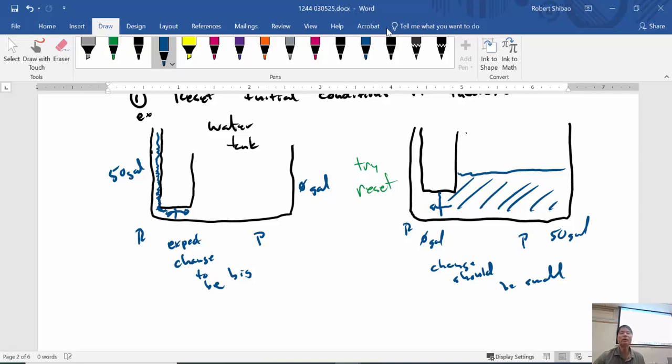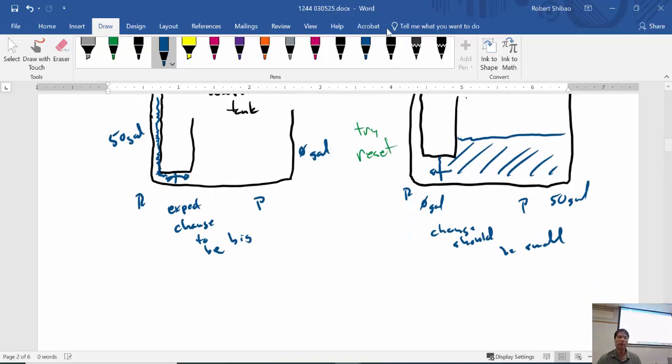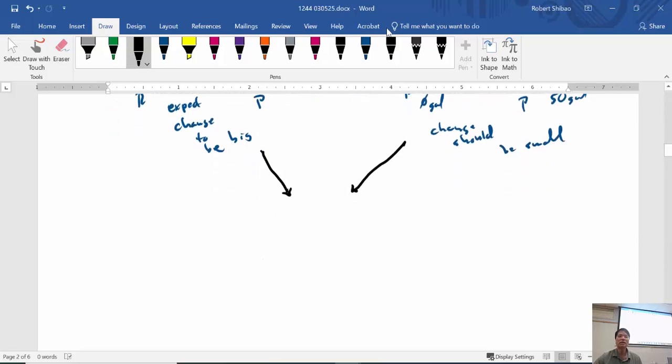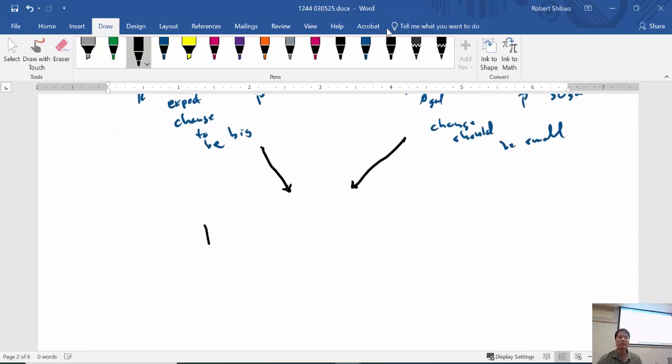Okay, then we let it reach equilibrium. And as long as I don't add or remove water, it doesn't matter which direction I approach equilibrium. I'm going to end up at exactly the same equilibrium. I just have 50 gallons, and it's going to reach some equilibrium, which is going to be the same for both.